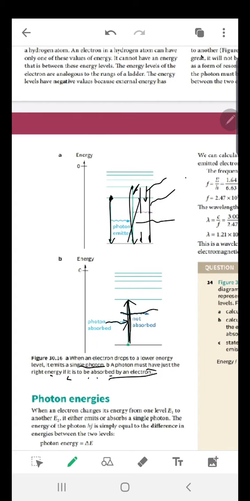With the right amount of energy, the electron will absorb a photon and jump up from one energy level to another. Here, the energy is not fine, so it's not making another jump, because the photon energy is not enough. But here the photon energy is good. It gets absorbed and your electron jumps to another orbit, and on the line spectra it will give you the black line.